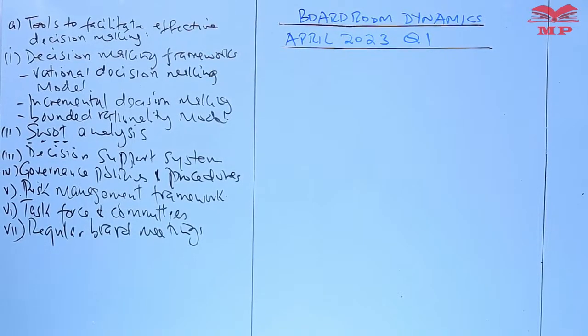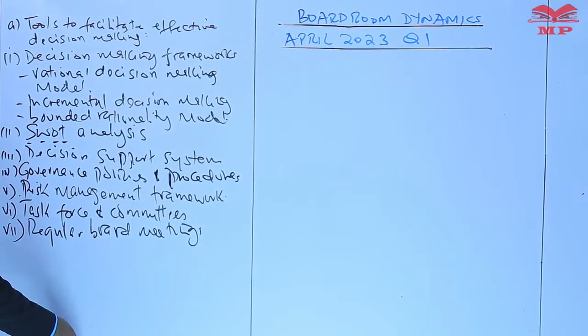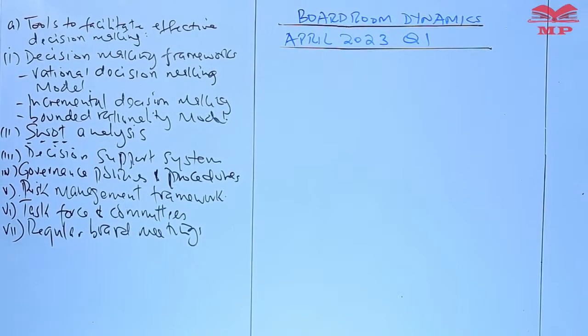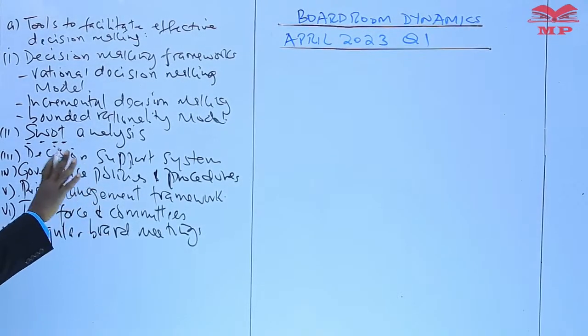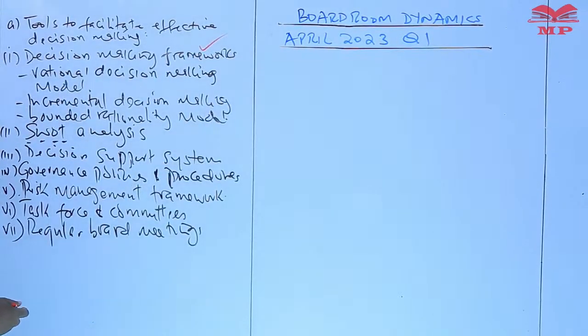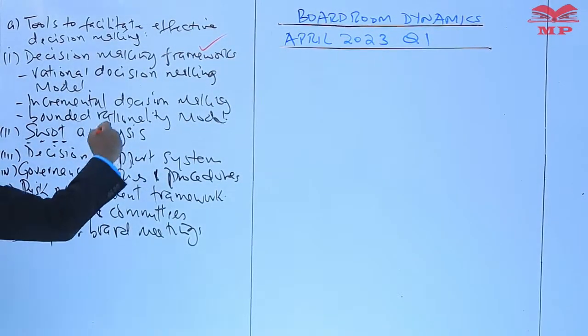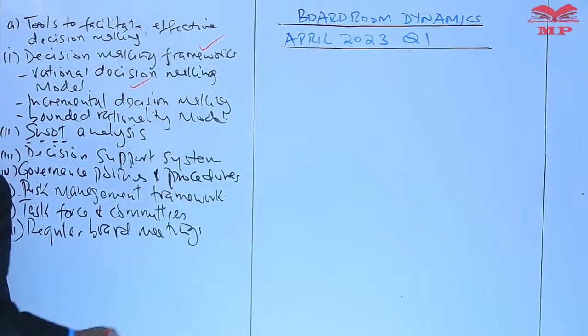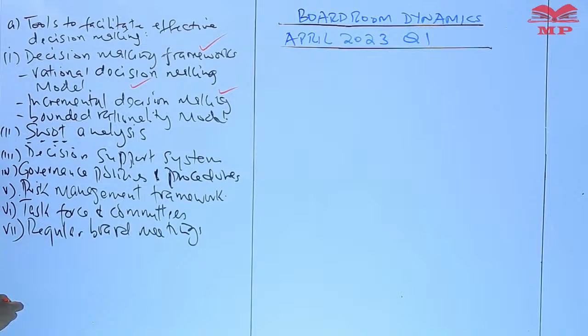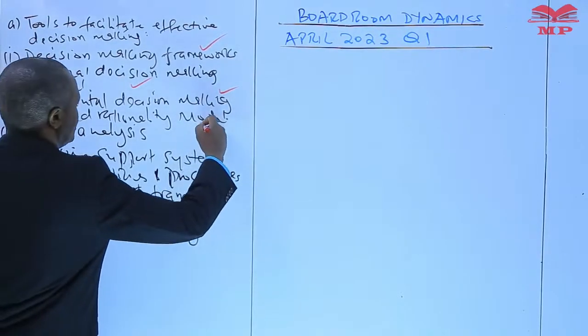So these are tools to facilitate effective decision making. Number 1 is establishing decision-making frameworks. Under frameworks, I gave examples like the rational decision-making model, the incremental decision-making model, and the bounded rationality model.